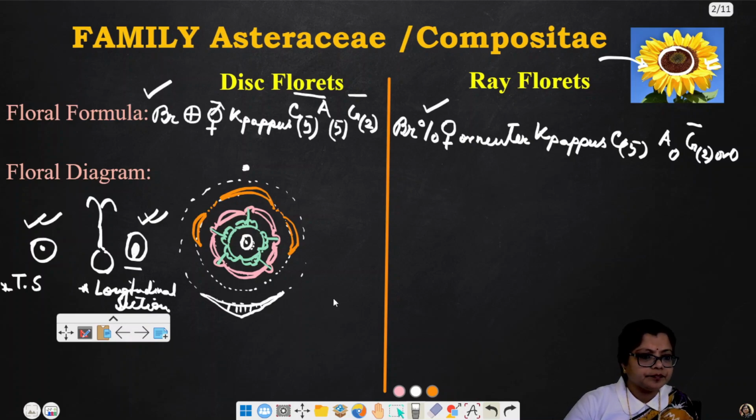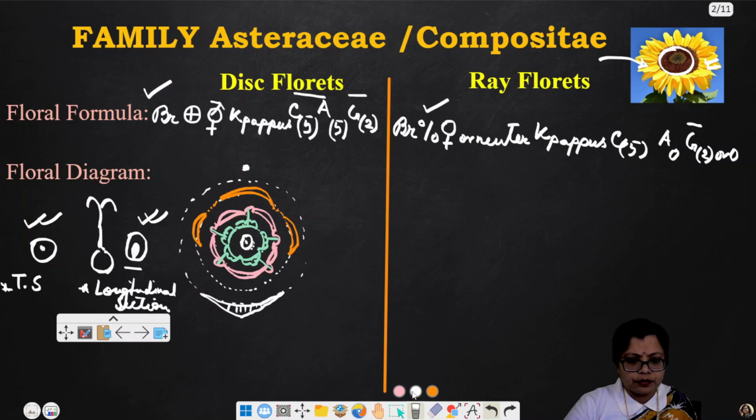Now here in your class 12 NCERT book, Sexual Reproduction in Flowering Plants, and in class 11, the morphology of the flowering plants, in the placentation section you have learned the basal placentation example, that is sunflower, marigold, right? So this type. So the floral diagram for the disc floret is clear.